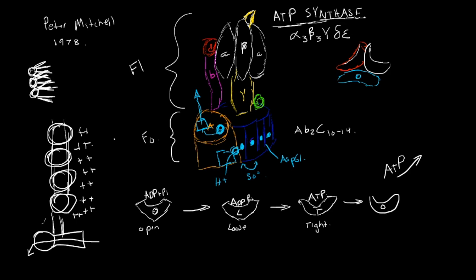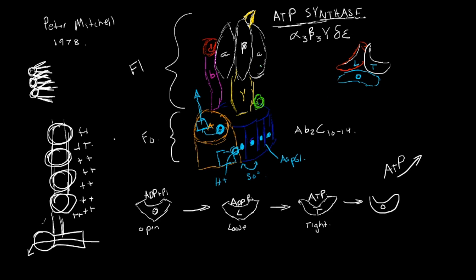So if this one's open, this one is tight, let's say, and this one is loose. So in this one, you won't have anything other than just an ADP or a phosphate sitting there. In this one, you're going to have an ADP and a phosphate that are held tightly, and in this one, the ADP plus phosphate are anchored down, and the tight is going to be anchored down, squished together to form the ATP, and then once it goes back to loose, it will be able to leave once again.